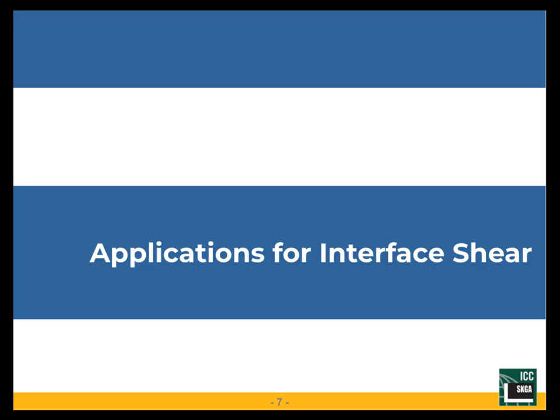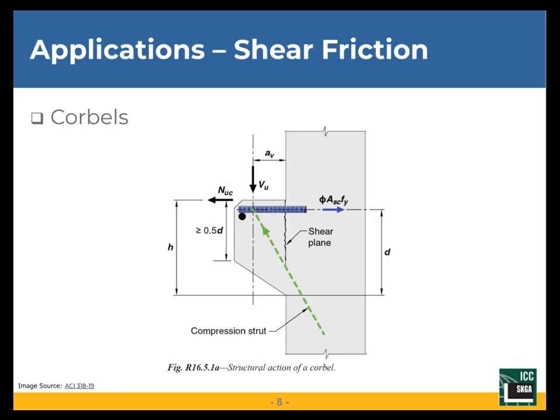So first, what are some of the applications where we see this used in design? The first one is the reinforced concrete corbel. This comes right out of section 16.5 of ACI 318. They give us a clear indication of where this potential shear plane will occur. Even if this corbel is cast monolithically with this column or wall, we have an assumption of where this existing or potential crack, as they like to describe it, would potentially form in the concrete.